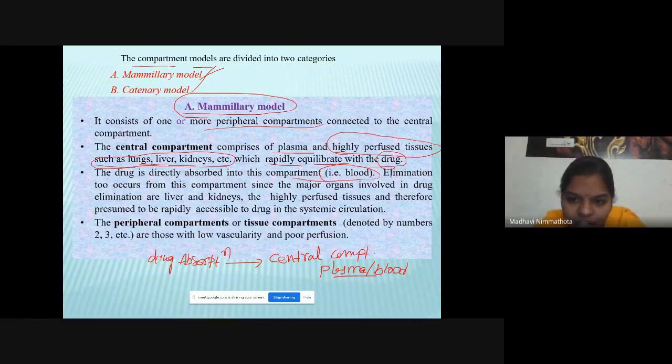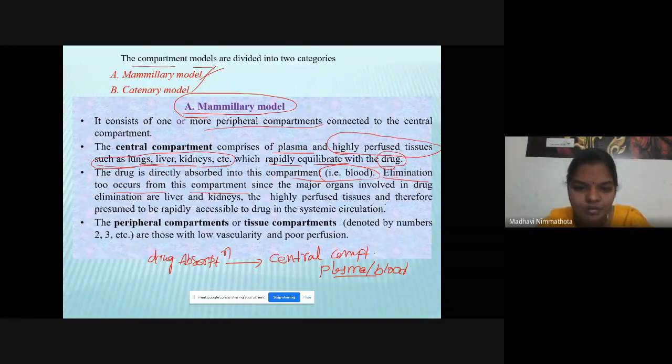Elimination also occurs from the central compartment only. Why? Because the major organs involved in drug elimination, kidney and liver, are also present in the central compartment. So the absorption and elimination processes occur from the central compartment itself.